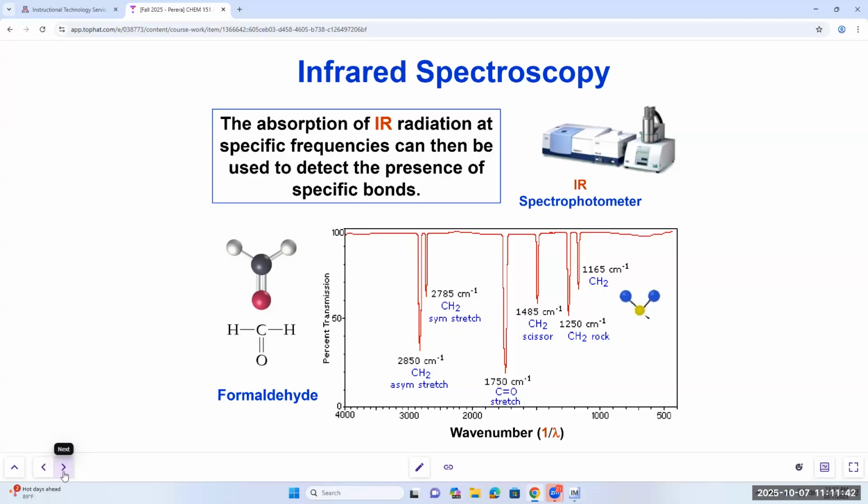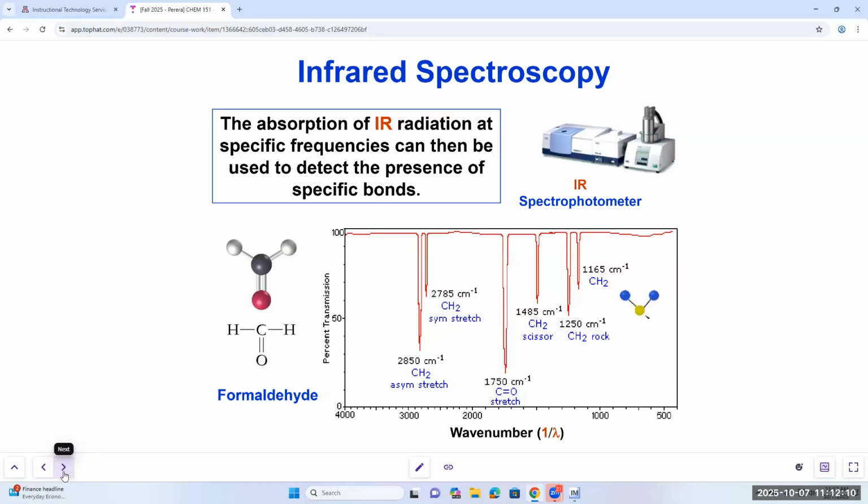Why is this the case? Each of these bonds has its unique bond strength and the masses of the atoms involved, meaning the wave number, or the IR wavelength they use, is going to be unique to that given bond. For example, if you see a peak at 1750 per centimeter, then that must be a C double bond O bond.